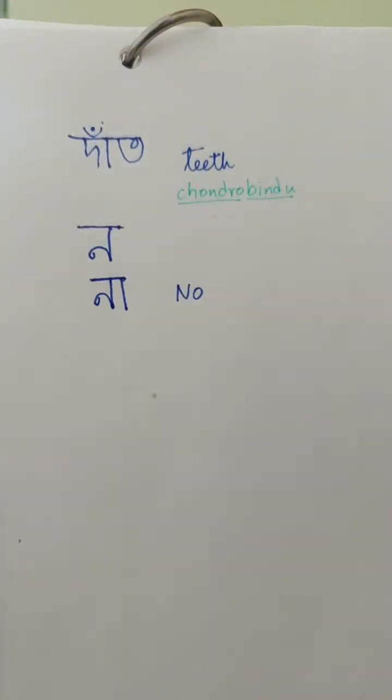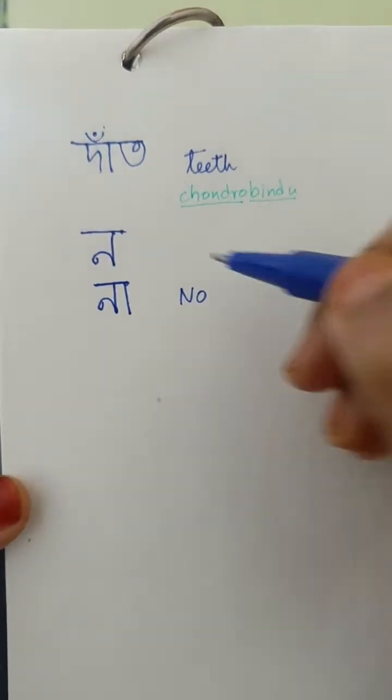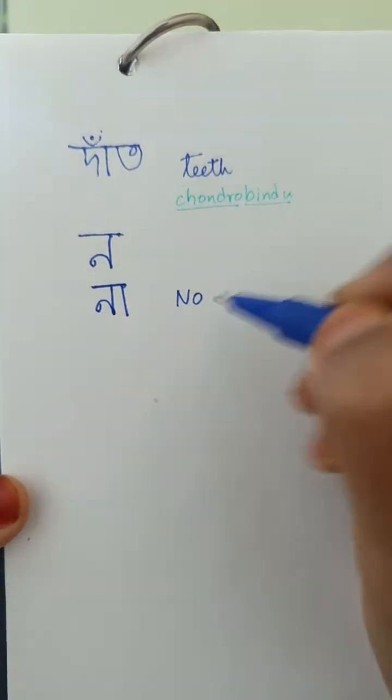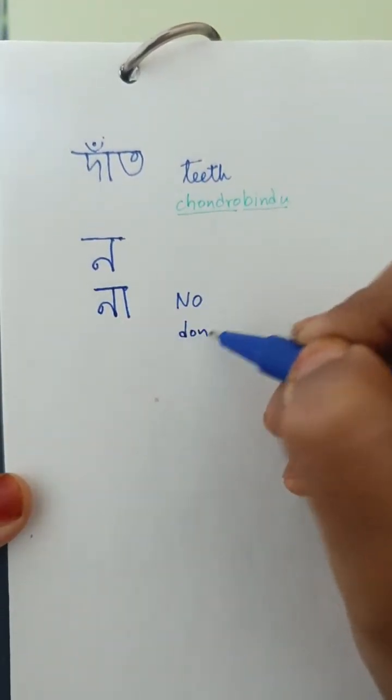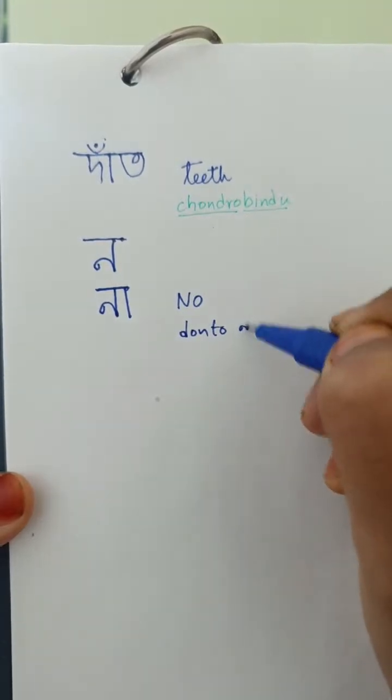So to distinguish between them, we have names so that we know which na we are talking about. Just like in E, we had Rasha E, so we know we're talking about the short E because we also have a longer E sound. Similarly, this na, to distinguish itself from the other similar one that we may be getting confused with, we have this name, Danto no.